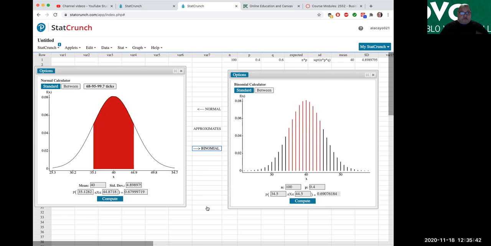And I hope that this image captures the so-called normal approximation to a binomial probability calculation. Okay, and expected value is right at 40, and the standard deviation is in effect n times p times q square rooted, which is 4.9 roughly.